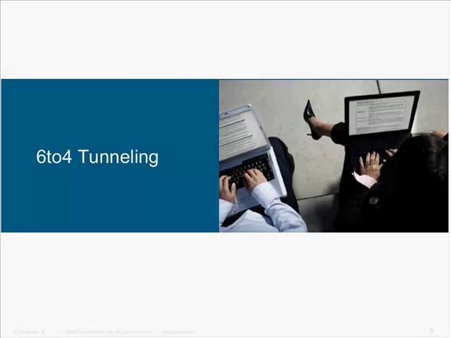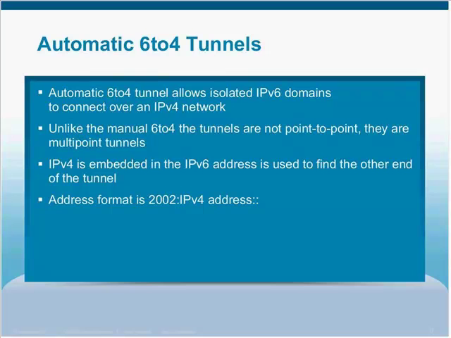So let's talk about the automatic tunnels now, and we're going to talk in this example more specifically about 6to4 itself. As we saw in the previous example, the goal of the tunnel is to reconnect two isolated IPv6 networks over an IPv4 infrastructure.